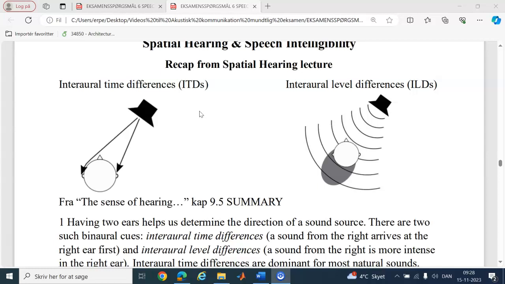In the ILD example, if the frequencies are high, then the wavelengths are short, and there's no diffraction. Then you get a big level difference between the right ear and the left ear.